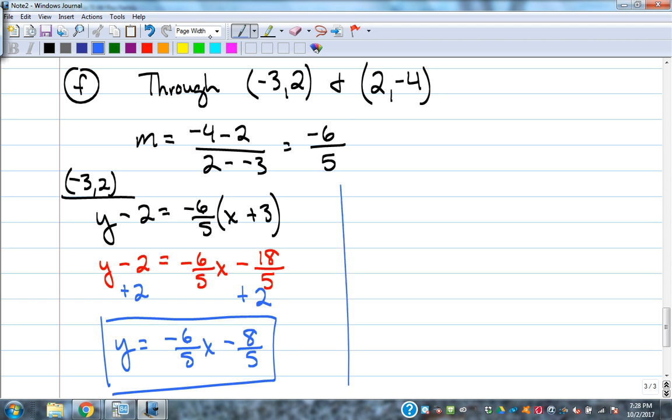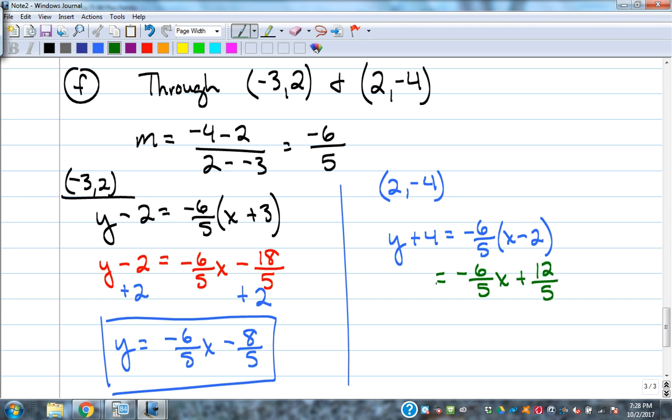If I go over here and I use the point 2, -4, my point slope form looks different. Definitely this one is different than that one, right? Let's get y by itself on this one and see what happens with our slope-intercept form. That'd be -6 over 5x plus 12 over 5.